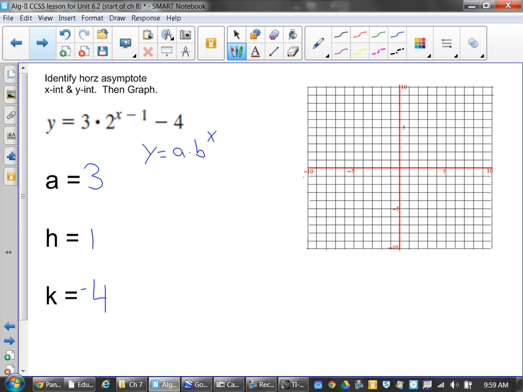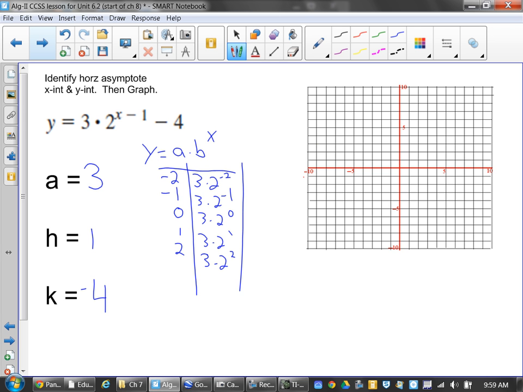I'm going to use easy values again, 2, 1, 0, -1, -2. So 3 times 2 to the -2, 3 times 2 to the -1, 3 times 2 to the 0, 3 times 2 to the first, and 3 times 2 squared. We okay with that?